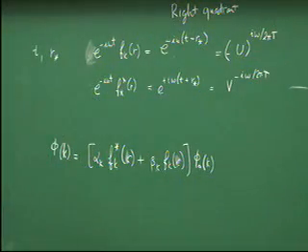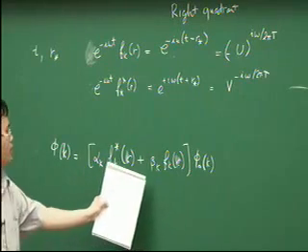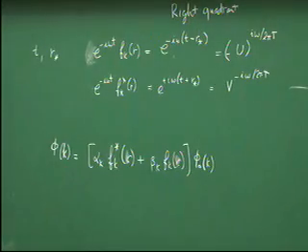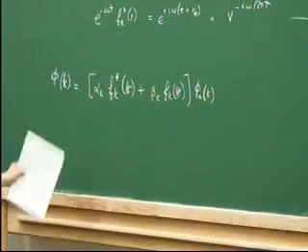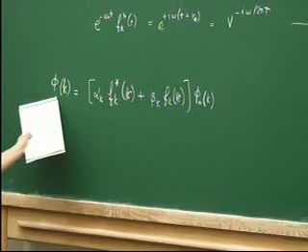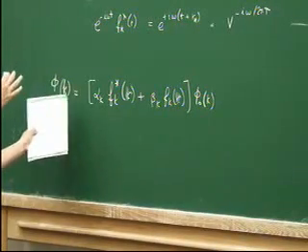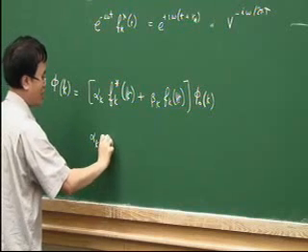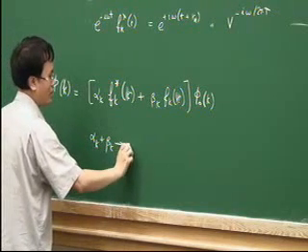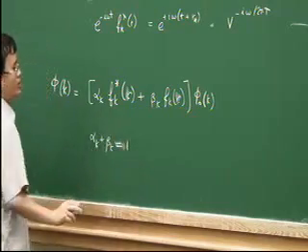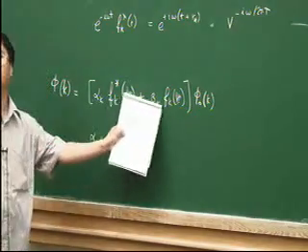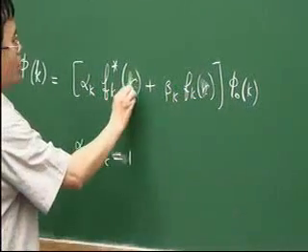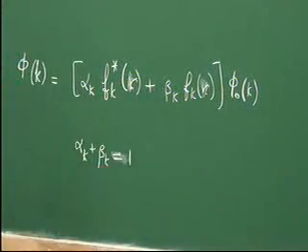Right now we don't know how to fix these alpha and beta. The only boundary condition we have now is that at the horizon, at the right boundary, phi has to go to phi naught, which means that alpha k plus beta k would be equal to 1, if we normalize these functions so that they are equal to 1 at the boundary.